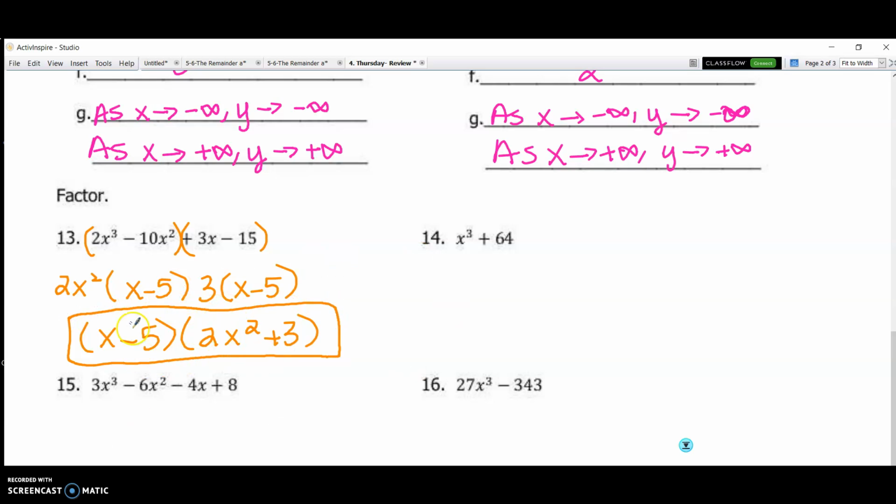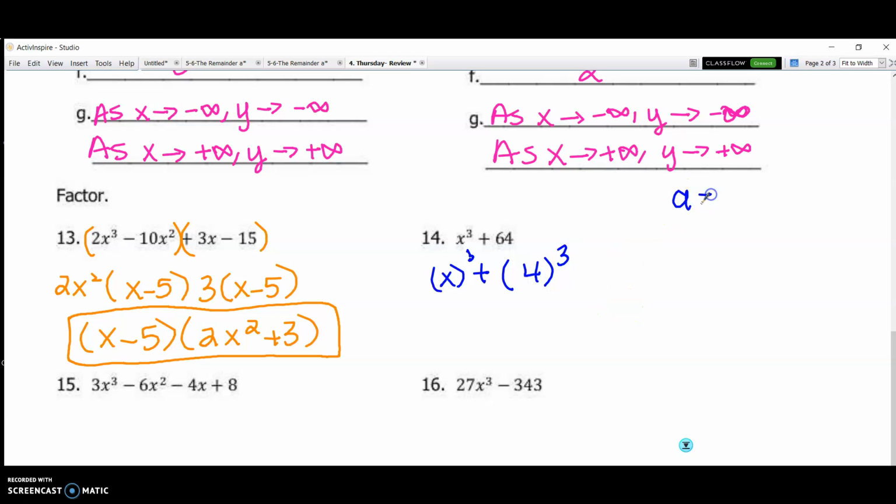Okay. Next one, x cubed plus 64, GCF, there is none. And then it is 2 terms, so is it a difference of 2 squares, difference of 2 cubes, or a sum of 2 cubes? Since there is a plus sign, obviously it's a sum. What we are cubing here is x. What we're cubing to get 64 is 4.